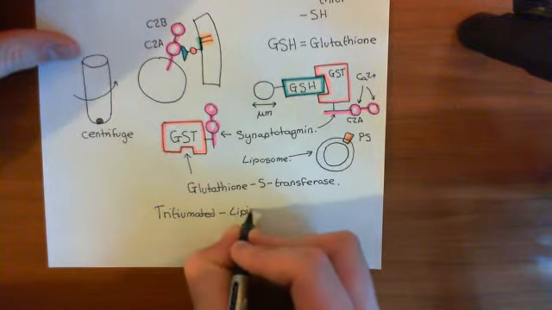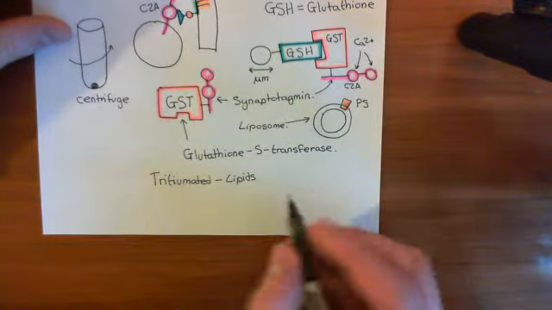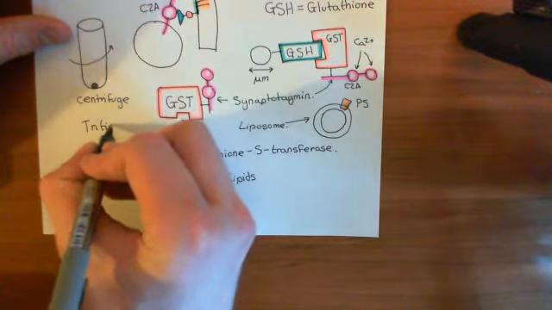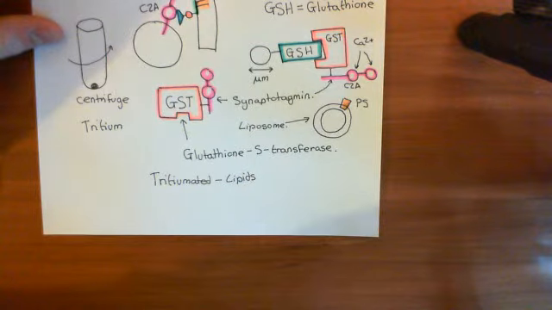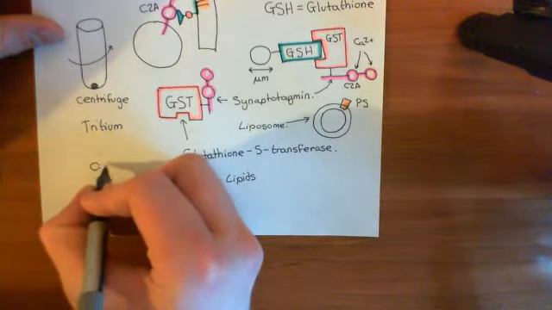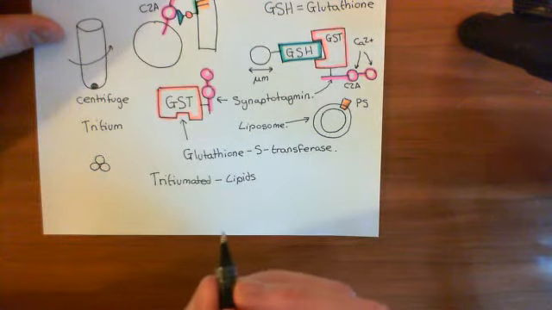Okay, now what does this mean? Well, I need to tell you what tritium is. Tritium is a radioactive isotope of hydrogen which releases radiation. The structure of tritium is that you have 3 nucleons, which is unusual for hydrogen.